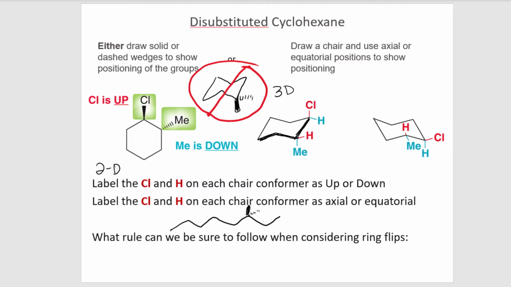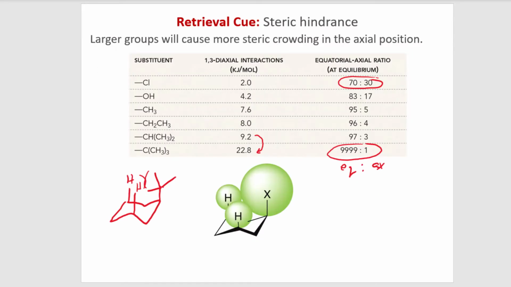So here again, you can see two chair conformations for the same molecule, and you could try and figure out which conformation you think would be more stable. First, you'd have to decide which group is bulkier, and I would say methyl is, and you could go back to that table and see that chlorine's energy for steric hindrance versus a methyl's energy for steric hindrance, there's a big difference.